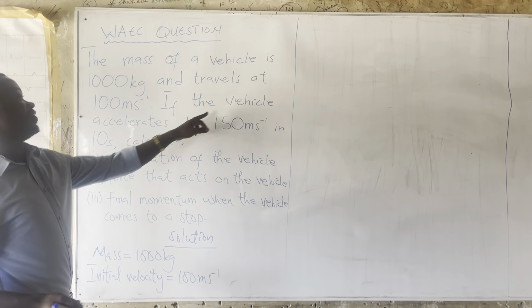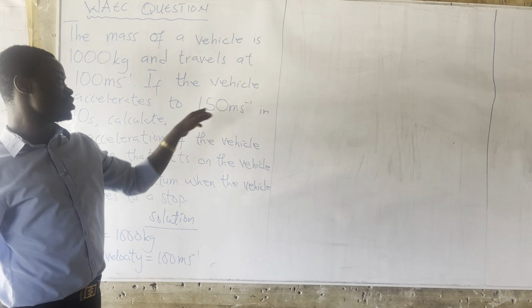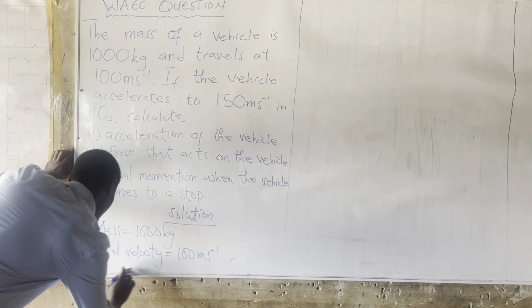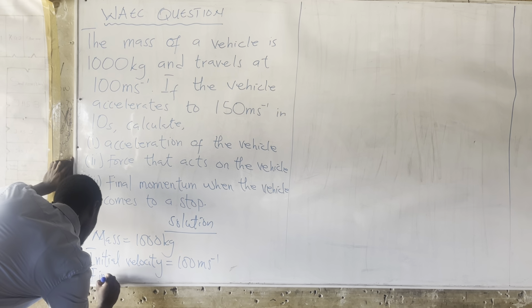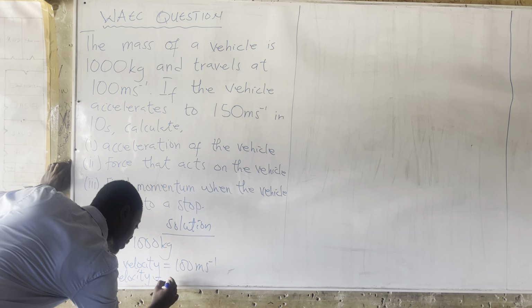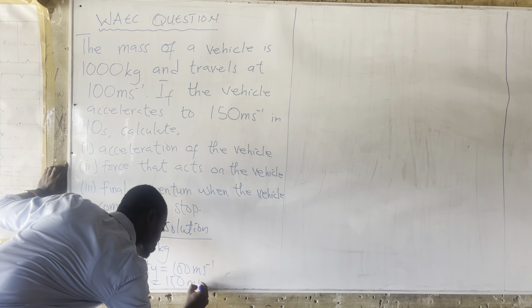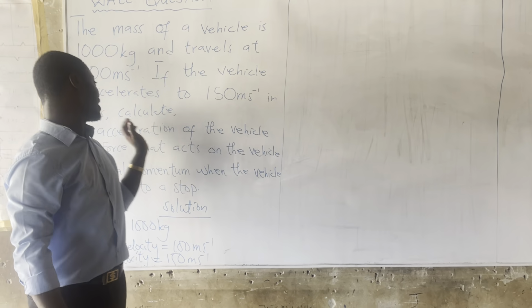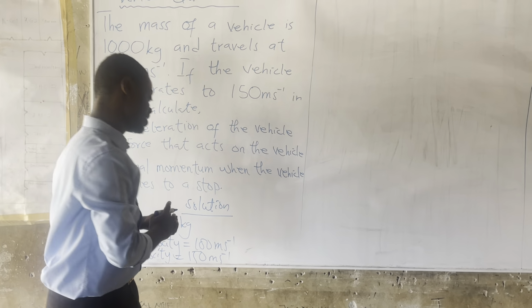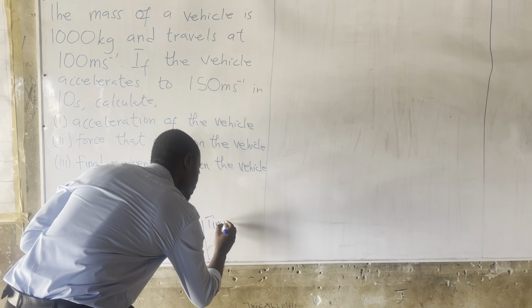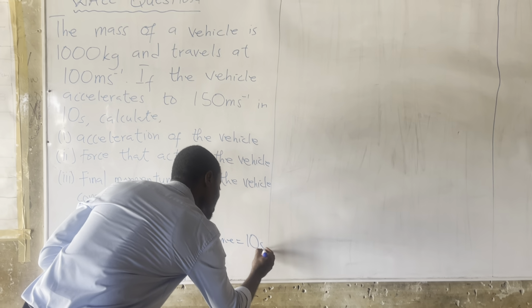And then 150 meters per second becomes the final velocity. So final velocity equals 150 meters per second in 10 seconds. So the 10 seconds is for time. So time is 10 seconds.